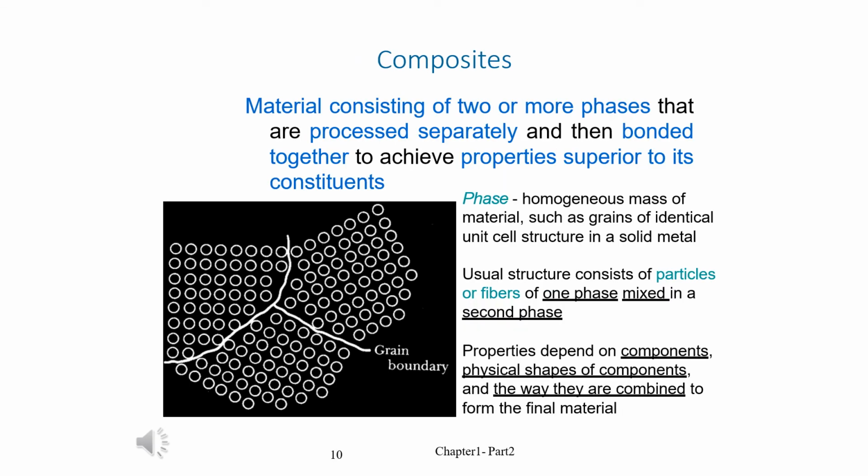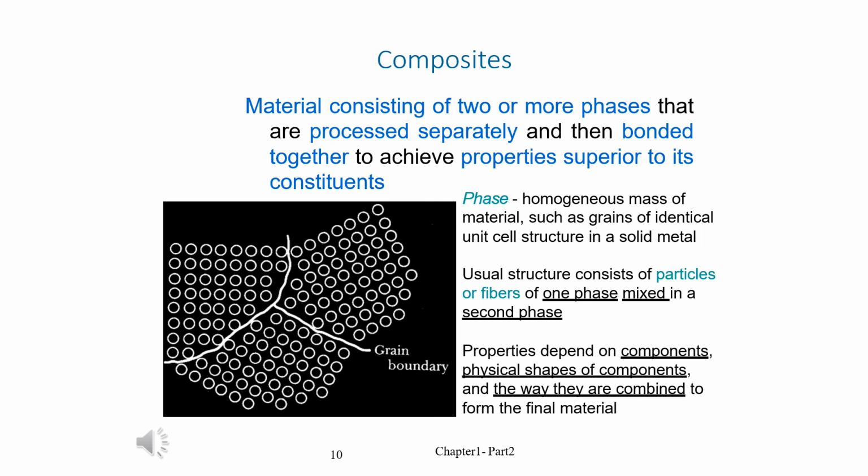Well, it's a material consisting of two or more phases. What is a phase? Well, it's just a clump of stuff that's all the same, similar material. If you go on to metallurgy, you'll go into phase diagrams, but they're processed separately. So you take them and bond them together to achieve properties superior to its constituents. So you got, let's say, metal, and then you got carbon fiber. You glue them together, and you keep on stacking those up. You got a composite, right?